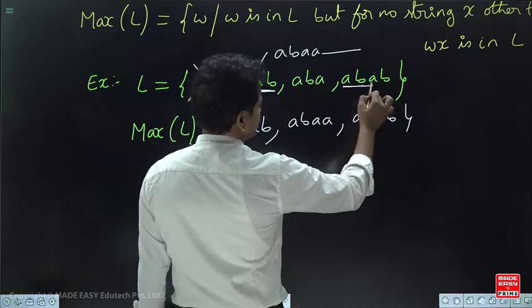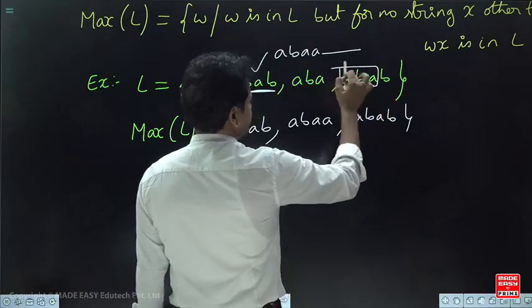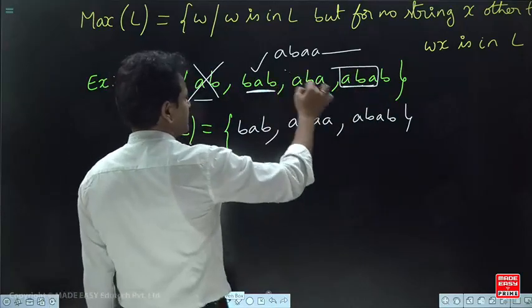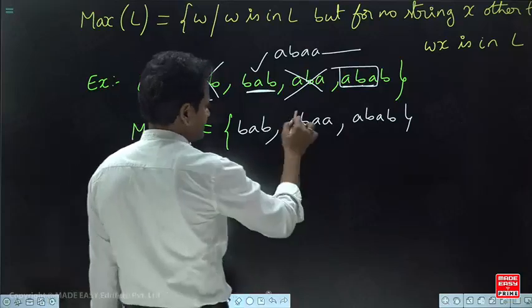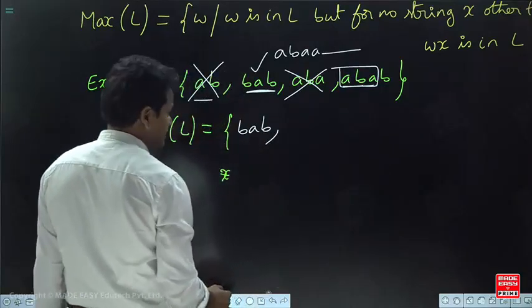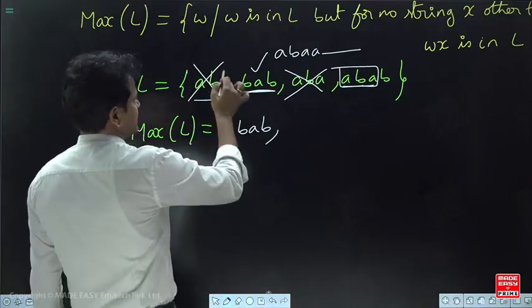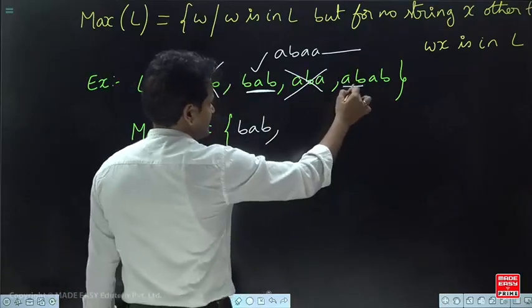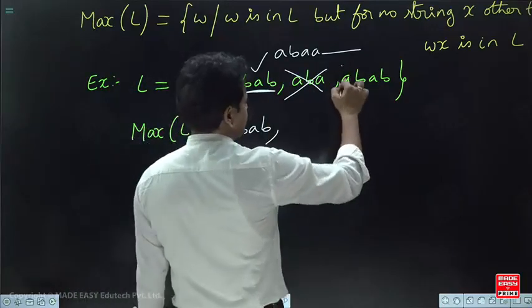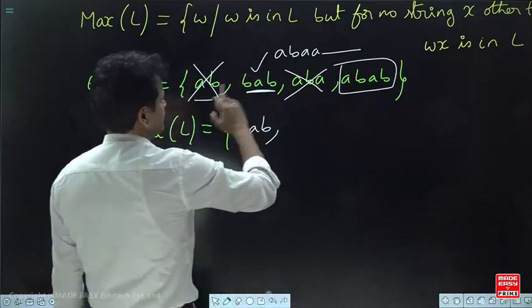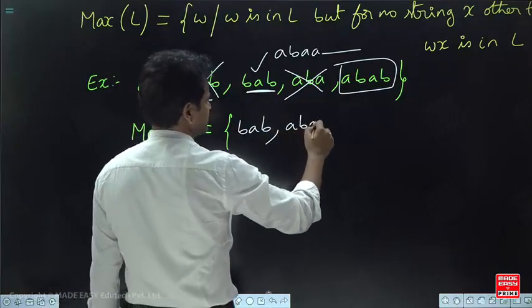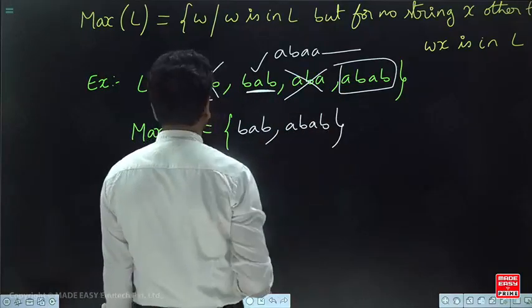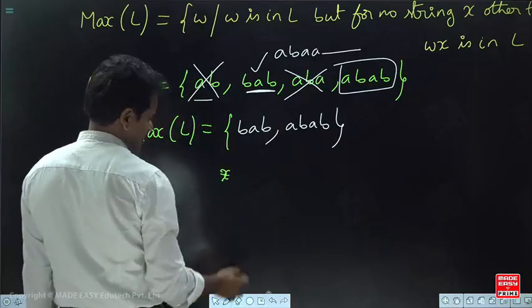Yes, there is a string starting with ABA. Therefore, you cannot take ABA in the maximum of L. Is there any other string starting with AB? No. AB is not a prefix of any other string. Then maximum of L is BAB and ABAB.